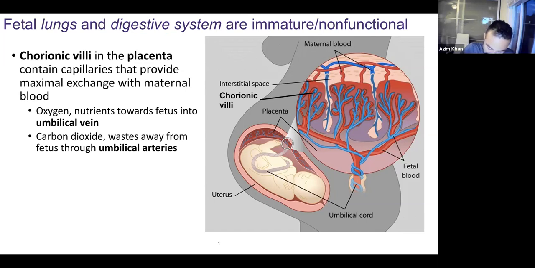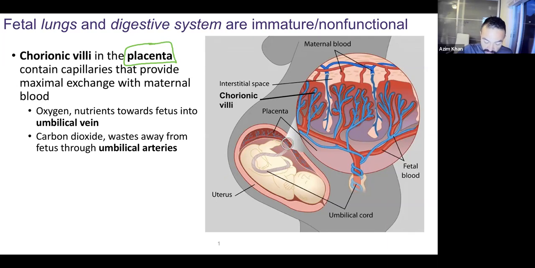So if we zoom in on this part here, this is not part of the fetus, it's just outside of the fetus. This part that I'm coloring in green, this is the placenta. The placenta is a mixture of fluids and other things, and there are blood vessels here.